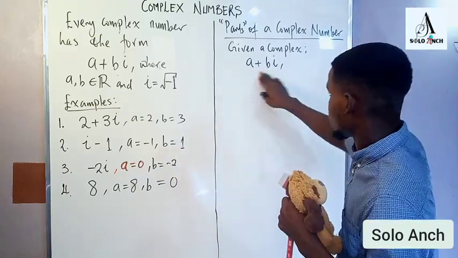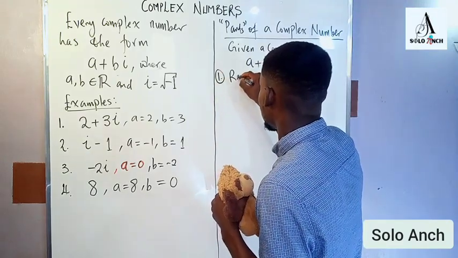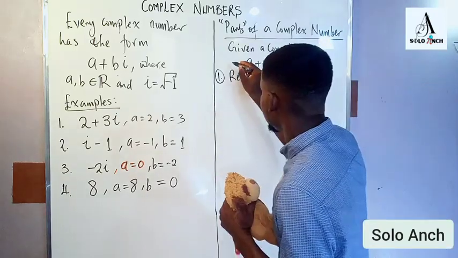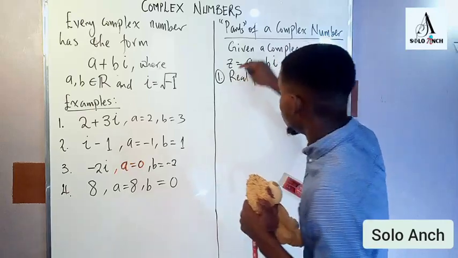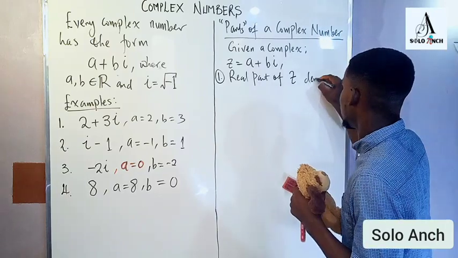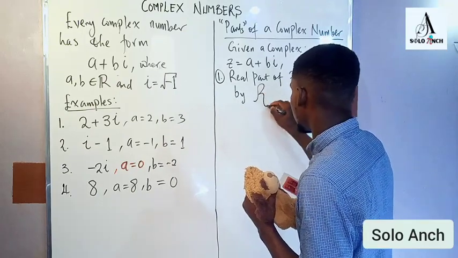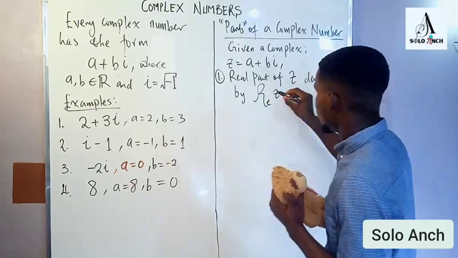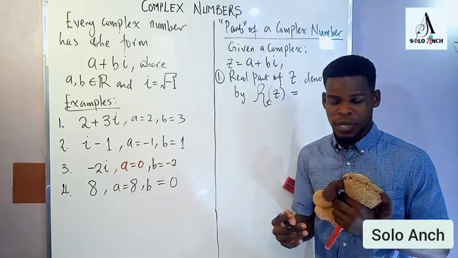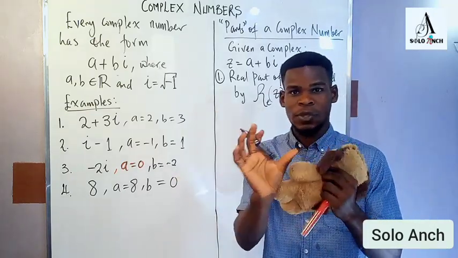So given this complex number, we talk about the real part of that complex number. Let's say we call this complex number z. The real part of z, which we can denote by Re(z), is a number made up of the sum of two terms.